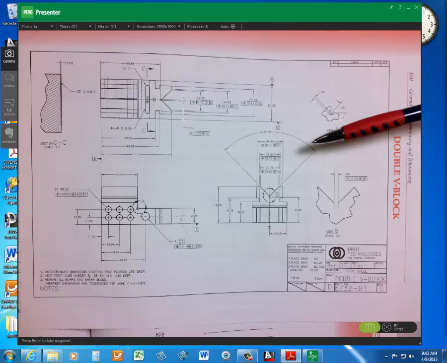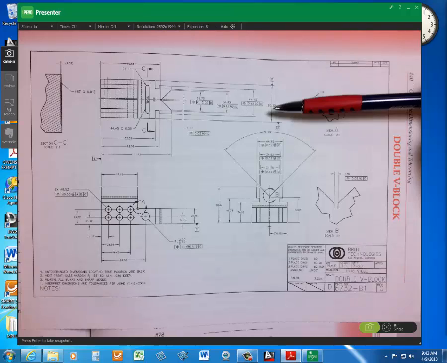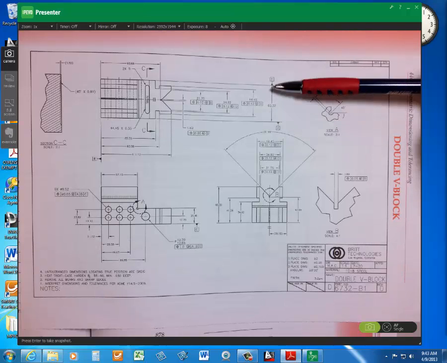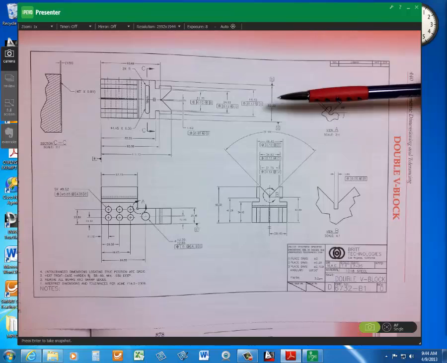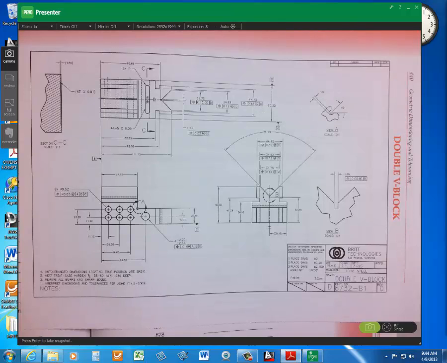Okay, so since it's placed on a kind of rectangular or standard feature, you know, it's not on a diameter, then it's basically a center plane. So datum D is a center plane.